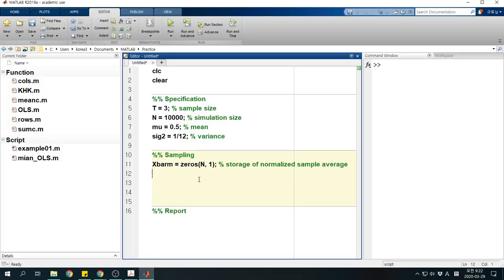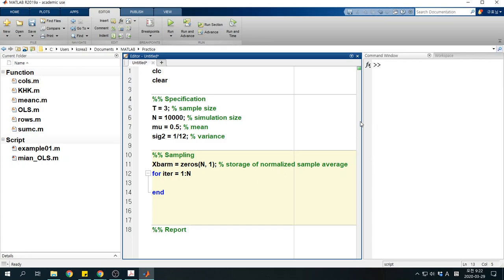It's called for, and let's say here ITR 1 colon n, not semicolon. ITR is just an index. It starts from 1 and increases by 1: 1, 2, 3, like this.